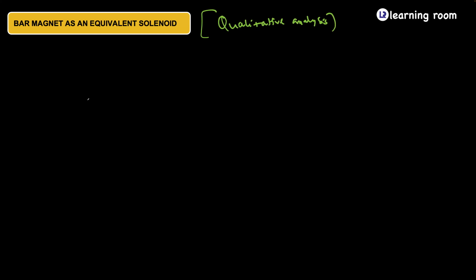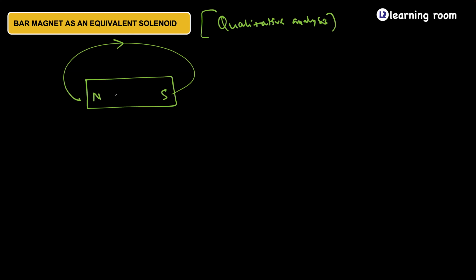If you take a bar magnet with a north pole and a south pole, the magnetic field lines go from the north pole to the south pole outside the magnet and south to north inside the magnet.